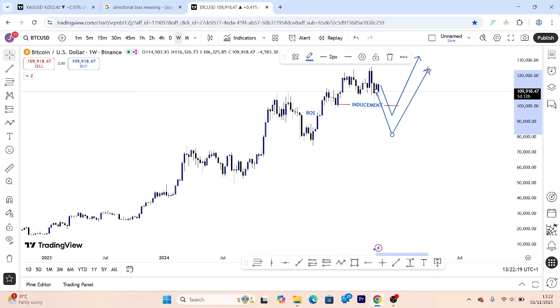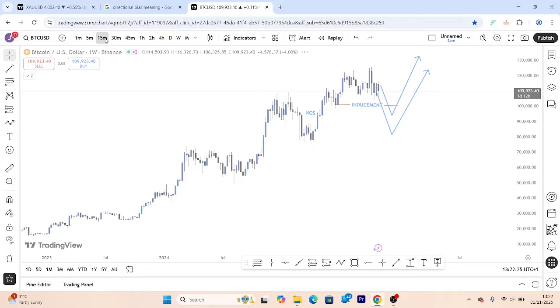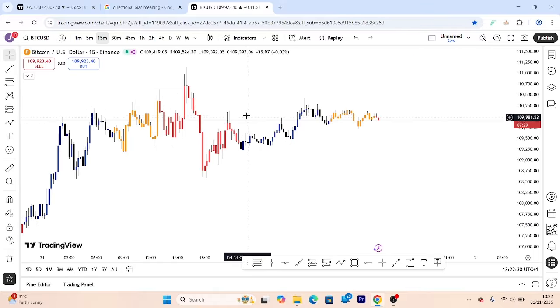But one thing we are sure of is that we are at stage 6 and we're selling. So I'll come down to maybe the 15 minutes time frame and look for selling opportunities.